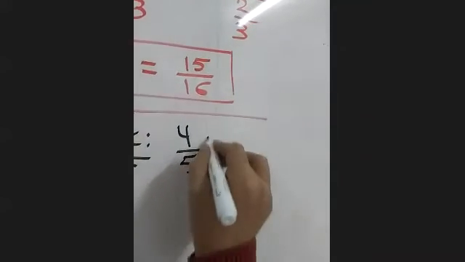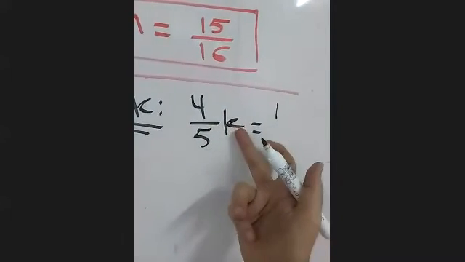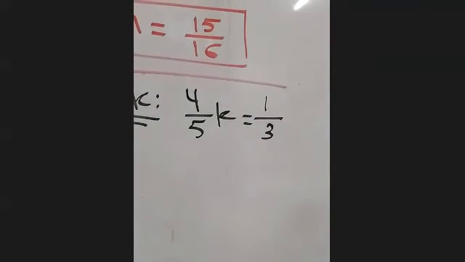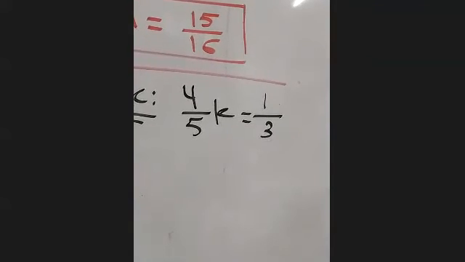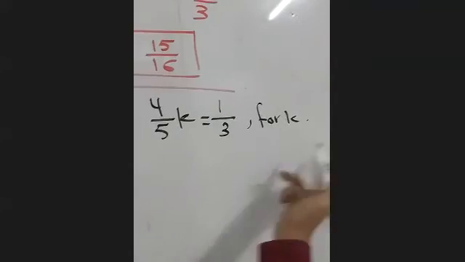Solve 4 over 5k equals 1 over 3. Focus, 4 over 5k equals what? 1 over 3.